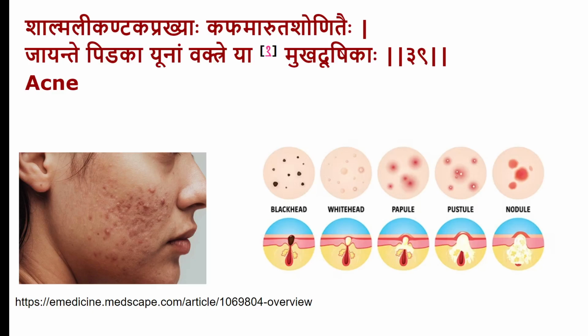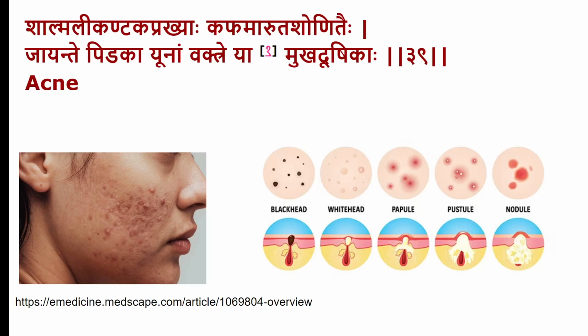Then comes the Akan or the Mukhadushika. मुखदूषिका शाल्मलीकण्टकप्रख्याः कफमार्दशोणितैः जायन्ते पिडकाः यूनां वक्त्रेया मुखदूषिकाः. The eruptions on the face, usually in the younger age, are considered as the mukhadushika or akan.